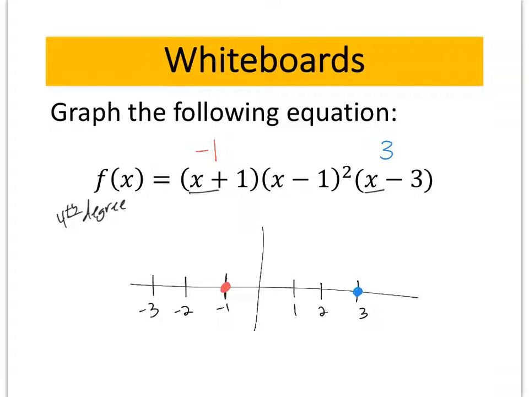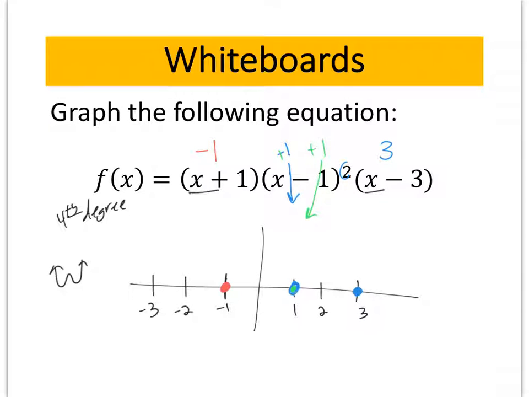But here I've got -1 for one of them, and +1 and +1 for the other. So I've got 1 is a +1, that's that one. And then I've got the other +1 also at the same spot. So it's going to have that 4th degree shape. Remember that 4th degree looking shape.